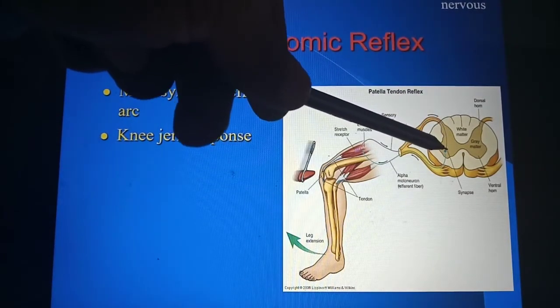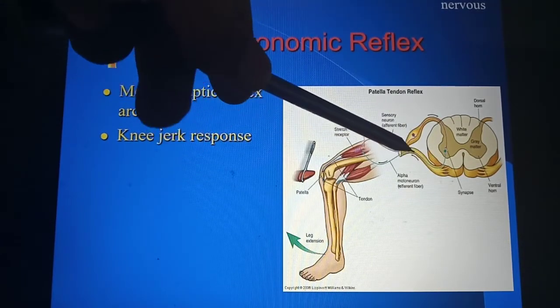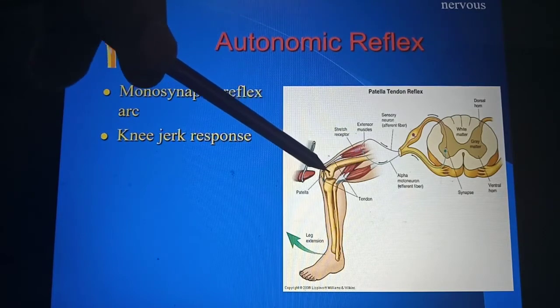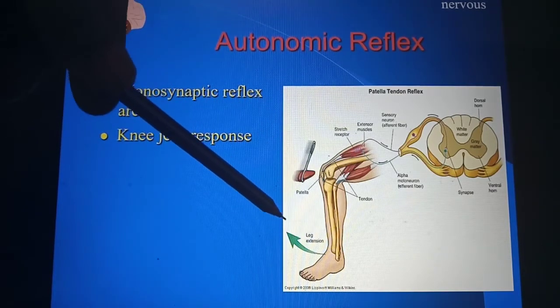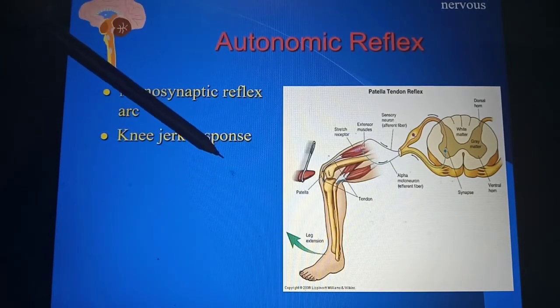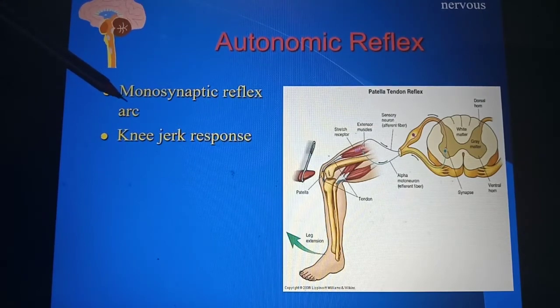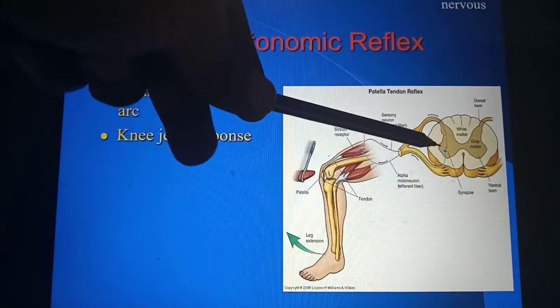This is the synapse, the place where two neurons join, and here the next neuron starts and brings a movement, which is the leg extension. So this is the knee jerk response, and it's a monosynaptic reflex. There is only one synapse here.